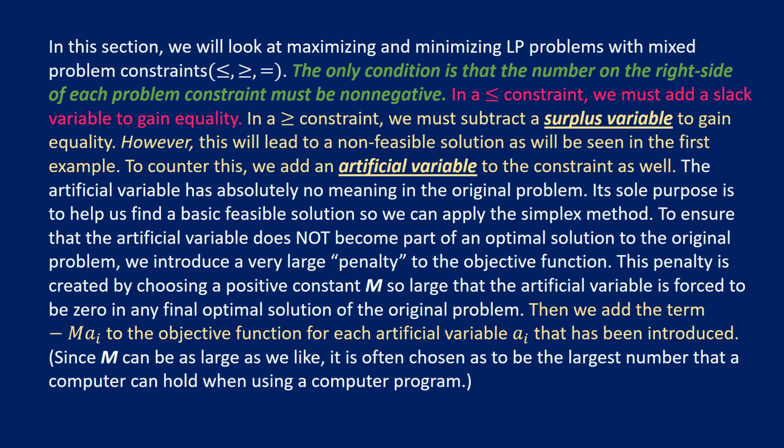Then we add the term negative m times the artificial variable to the objective function for every artificial variable that we've introduced. We're going to use the same m for all the artificial variables. Now, since m can be as large as we like, when we're using a computer program, we just usually choose it to be the largest number that the computer can hold.